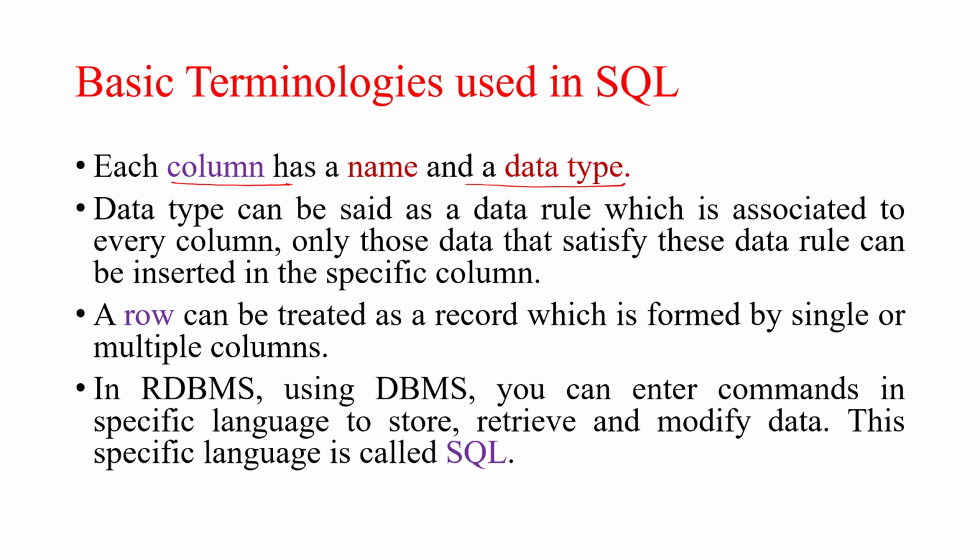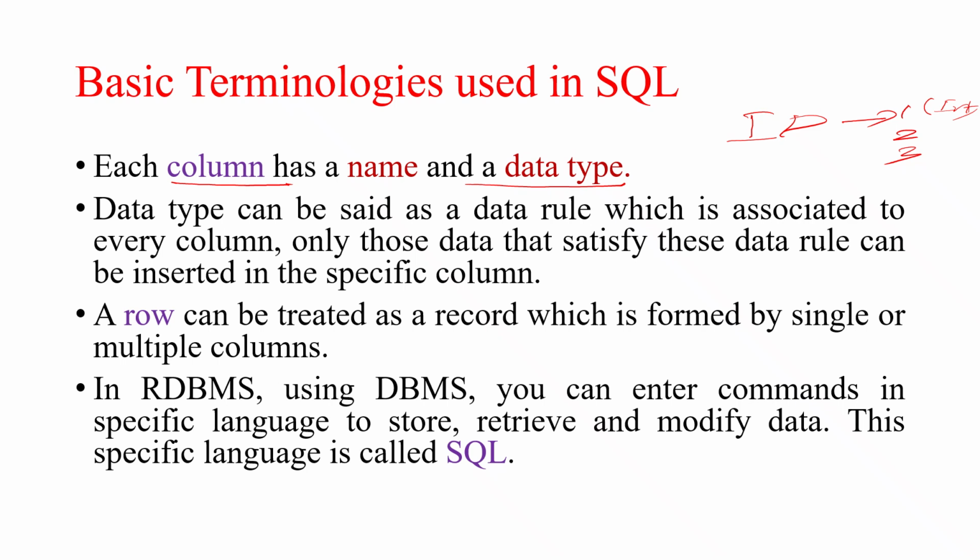For example, if an ID column is created, this ID column can contain the values 1, 2, 3. The data type of these values, which are numeric numbers, we can consider as integer.